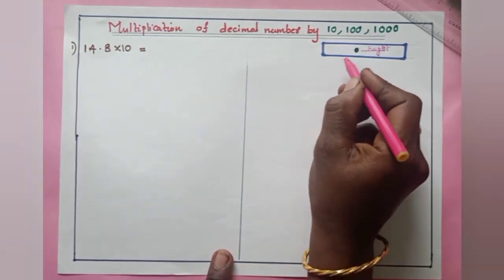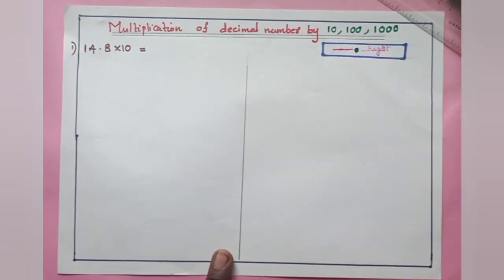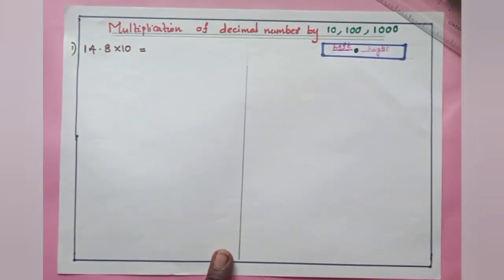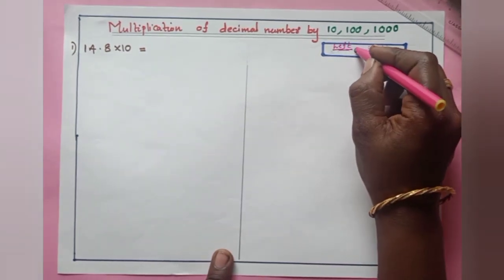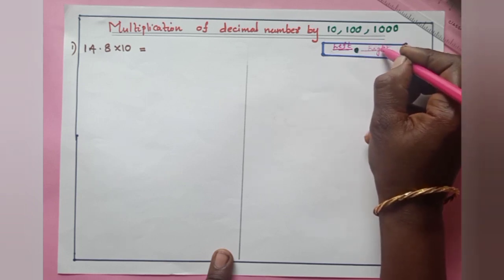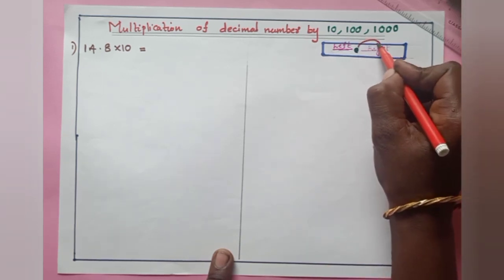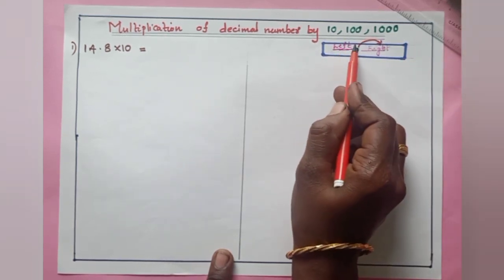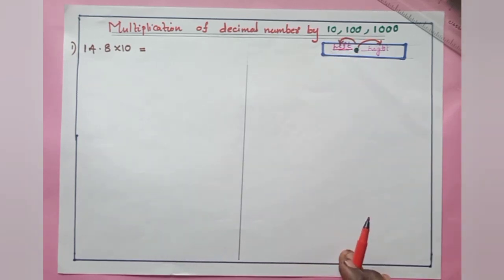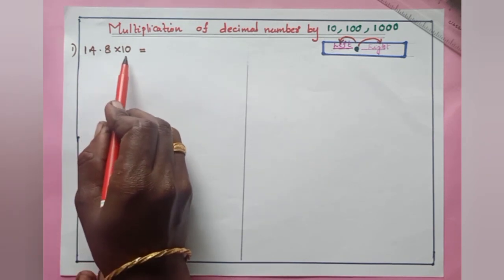And the portion before the decimal point is the left portion. Clear all of you?